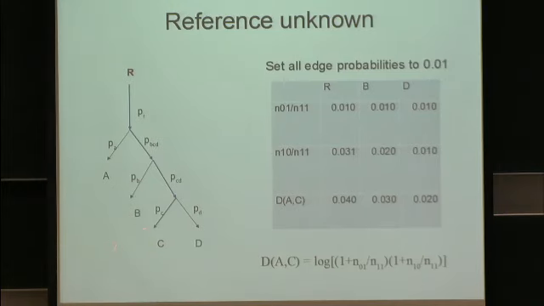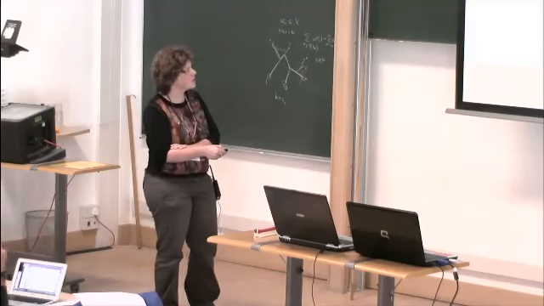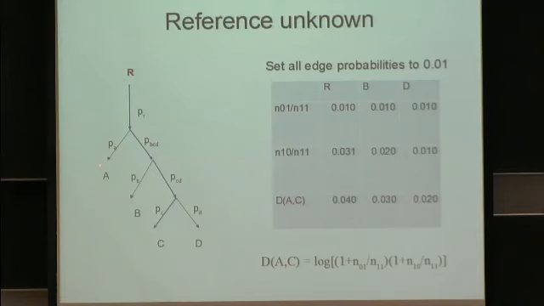If I use the same argument, let's think about using D as our pretend reference taxon. Then the three-taxon tree that we care about with respect to that earlier argument is traced out here. Using one half of this formula, we're trying to measure essentially this distance, and with the other term, we're trying to measure this distance here.